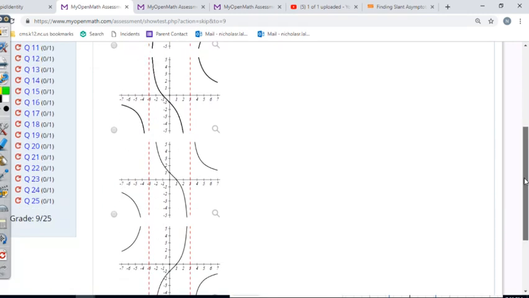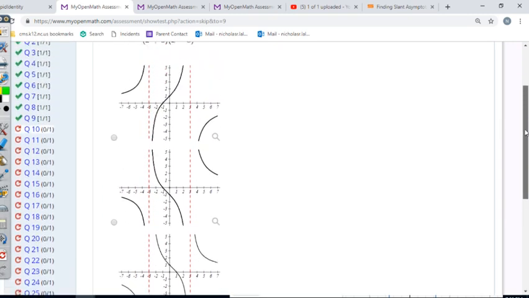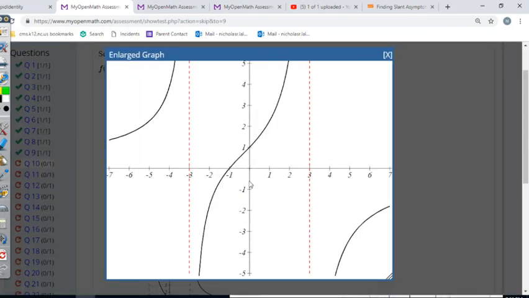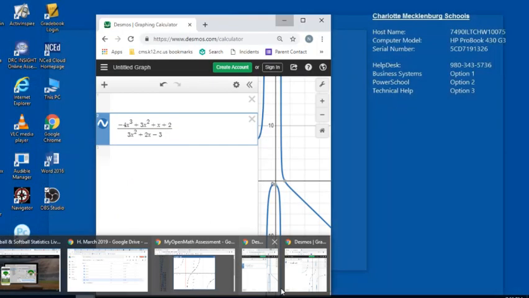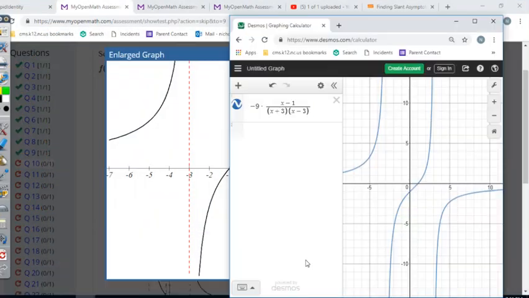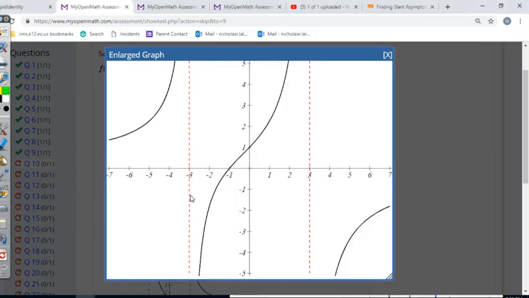Well, we have a similar pattern for the... let's see, we have the point here, 5, -2.25.